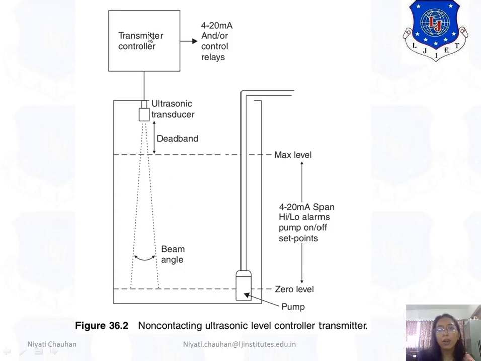The transmitter controller transmits a 4 to 20 milliampere signal, which is also connected to a control relay. The transmitter controller is connected with the ultrasonic transducer, and this is our bucket, filled with water.